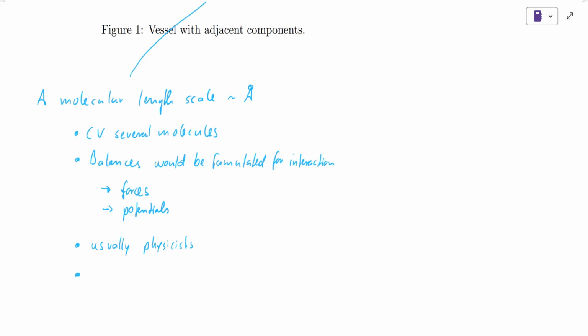So here, you can use this approach to fundamentally research the fluid structure.